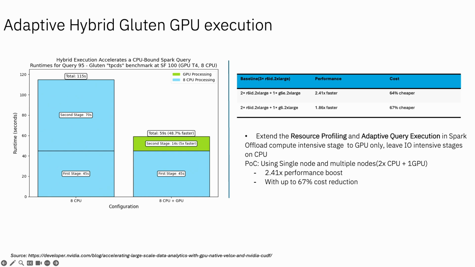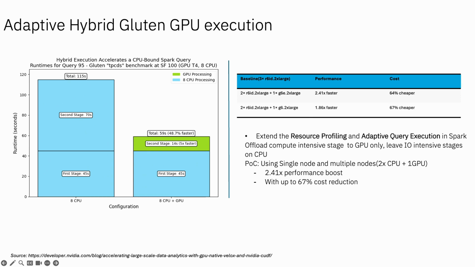Basically, it leverages the resource profiling feature and the AQE, adaptive query execution, feature in Spark. We introduced a second resource profile, which is the GPU-based profile, and in the AQE framework, we inject our cost-based optimization.